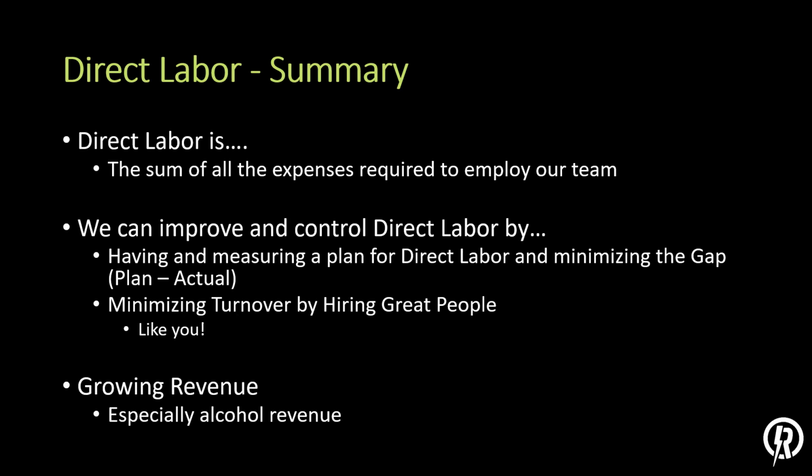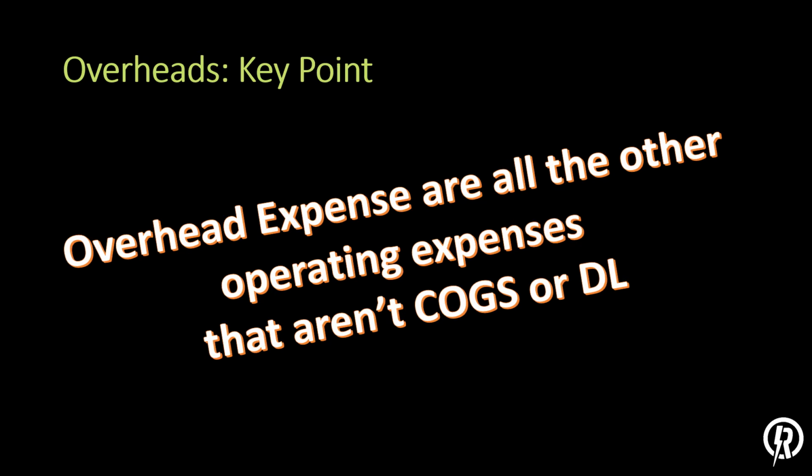Now we've covered two of the main three types of expenses at our restaurant, in restaurants in general. Let's move on to the next and last one, overheads. Here's the key point about overheads: overhead expenses are all the other operating expenses that are not cost of goods or direct labor.